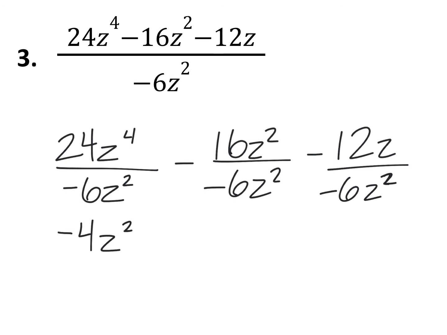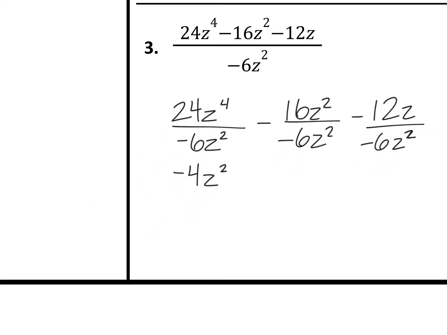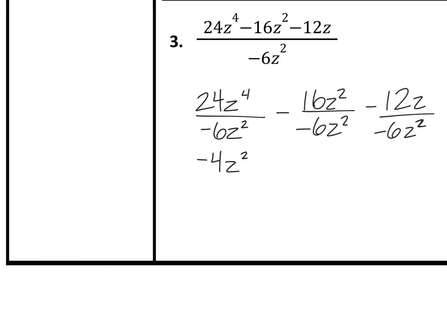All right, the middle term is where it gets kind of fun. 16 divided by 6, does that work out evenly? No, it's not going to get you a whole number. And so what you need to do is actually simplify this fraction. I'll do it out to the side. Negative 16 over negative 6. You can't leave it like that.